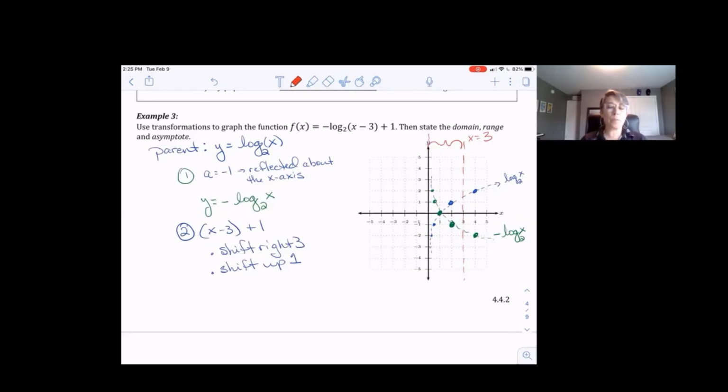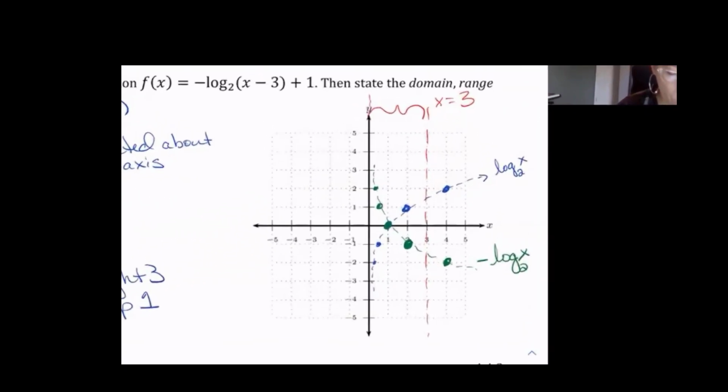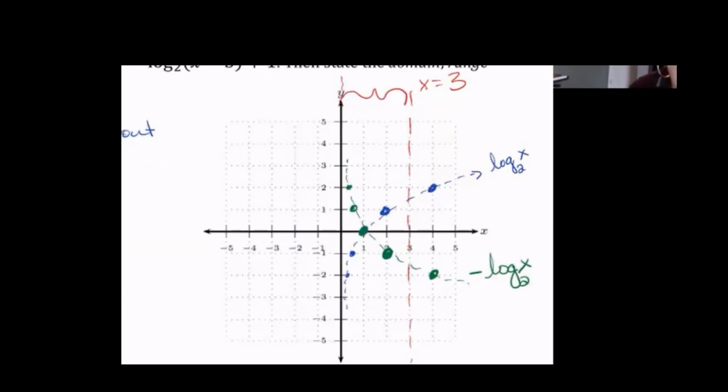Now we take all of the points that are there in green, the one that's decreasing, it's been reflected, and we're going to take all those points, shift them right 3 and up 1. So starting with the point (4, -2), we're going to go right 3, 1, 2, 3, and up 1. Point (2, -1), we're going to go right 3, up 1.